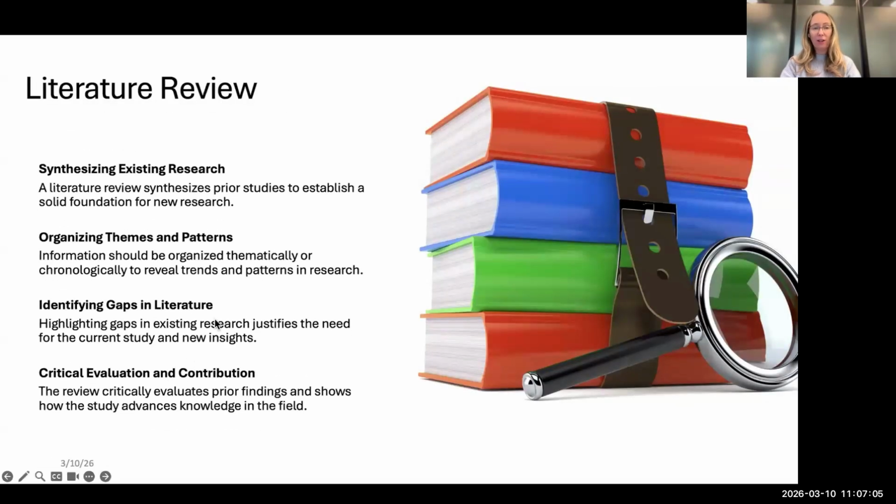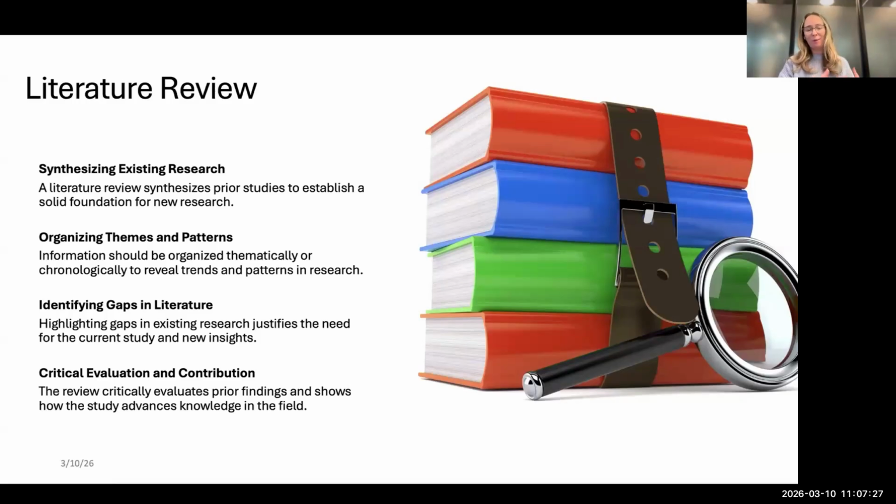Literature review, again, is very similar to what you're going to see in any kind of research paper. I think what's really important is to think about what's required from the journal that you're choosing.